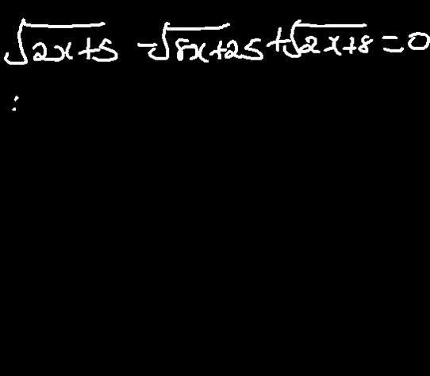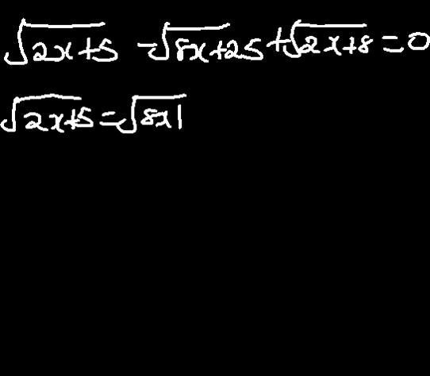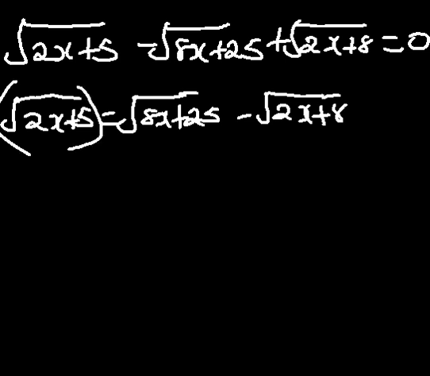So in this case, we have the square root of 2x plus 5 equal to the square root of 8x plus 25, minus the square root of 2x plus 8. Then we square both sides as well.